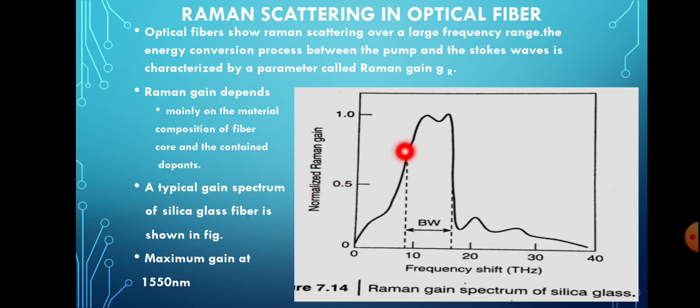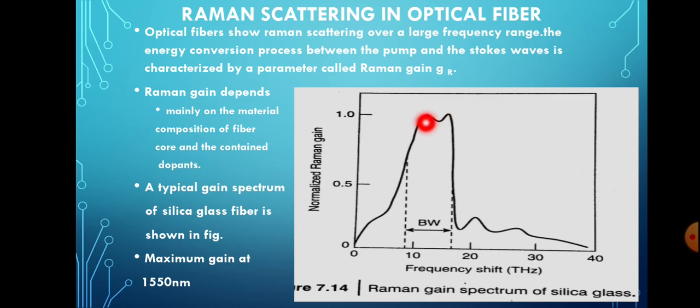The figure shows the typical Raman gain spectrum of silica glass fiber, and you can see that the maximum gain occurs at this point. Here it is the frequency shift, and this is the normalized gain.